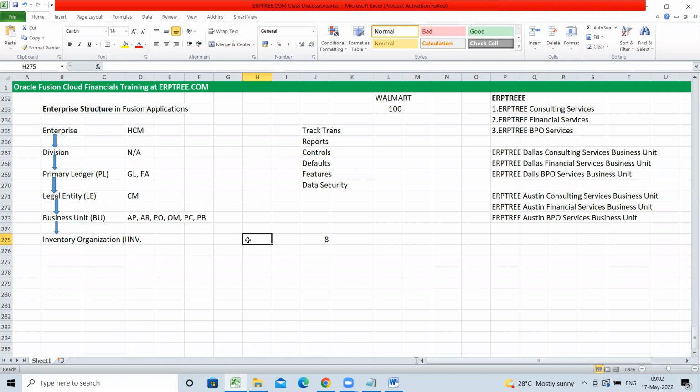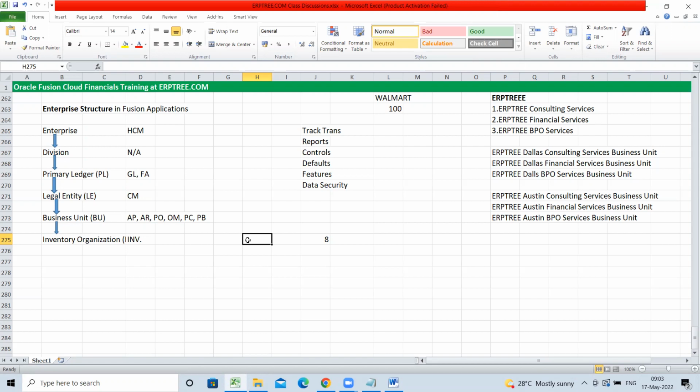Let's recap. The first point is the enterprise structure hierarchy; you should remember that. The second point is what the different units mean. Enterprise, division, primary ledger, legal entity, business unit and inventory are all part of the enterprise structure, so you can call them units.